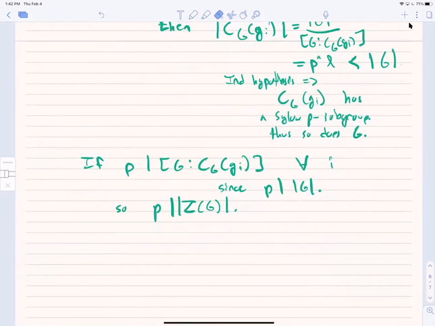Okay, so P divides the order of Z(G). So Z(G) is abelian. It is a finite abelian group.